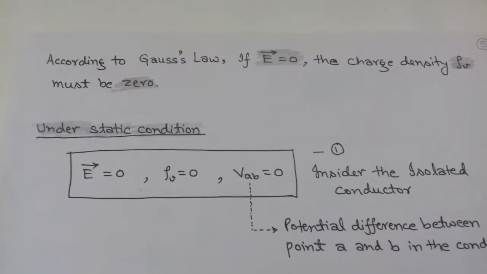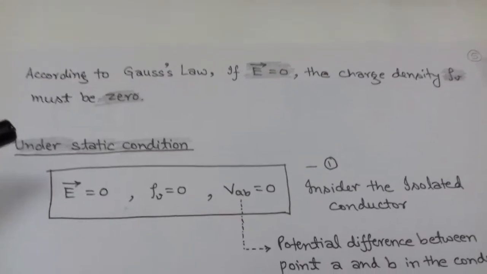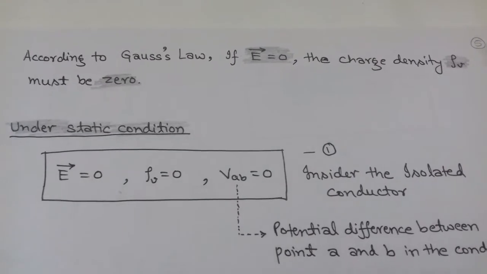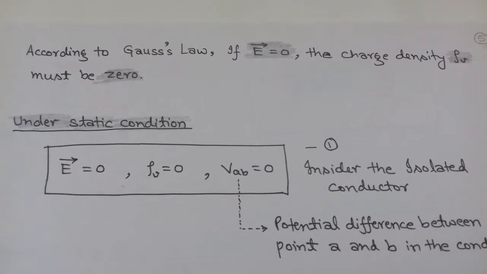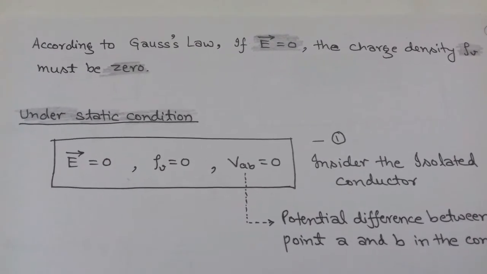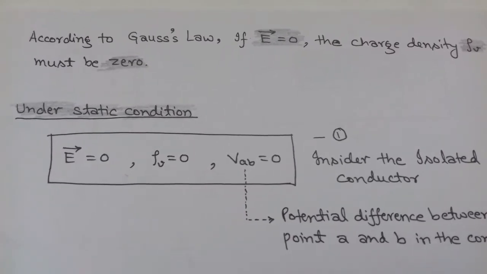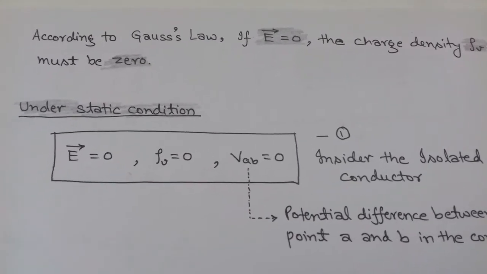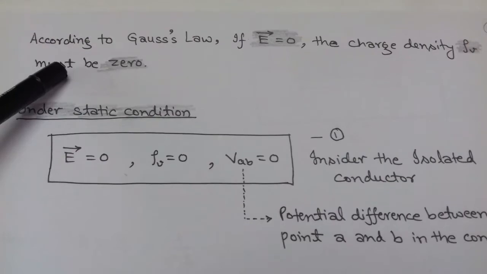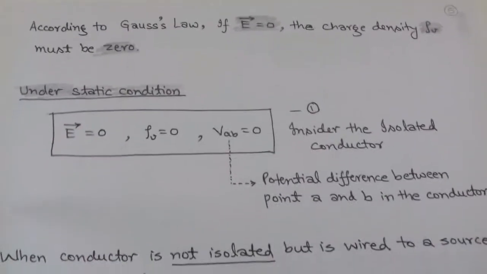Now according to Gauss's law, if the electric field is 0 inside the conductor, then the volume charge density rho v is also 0. This is according to Gauss's law.